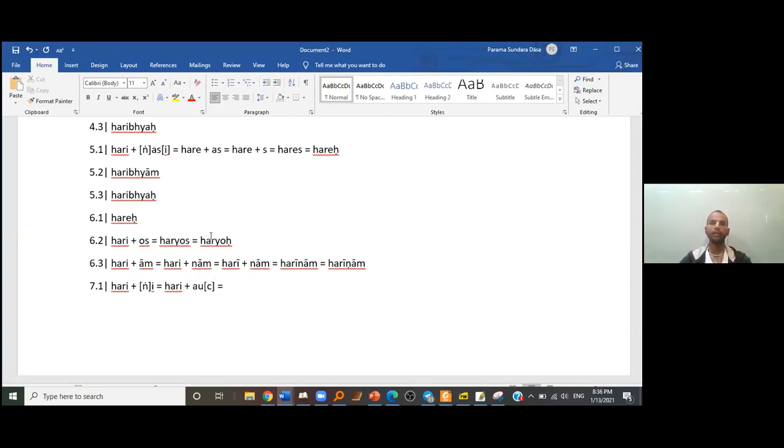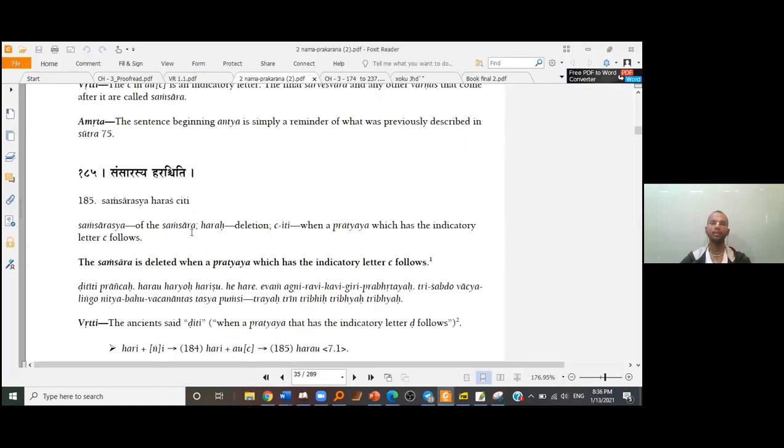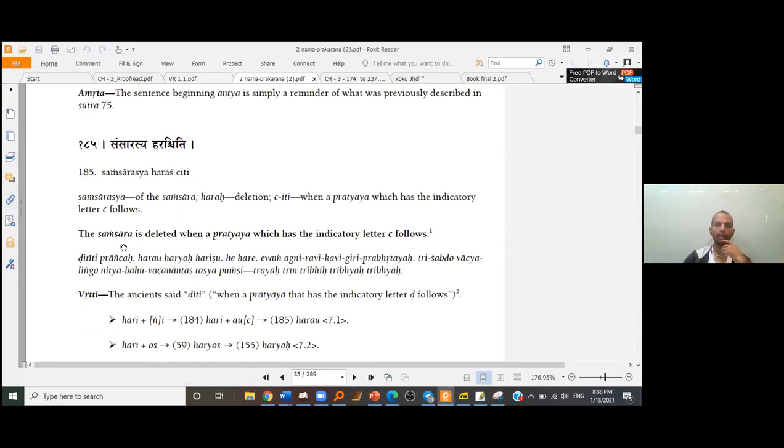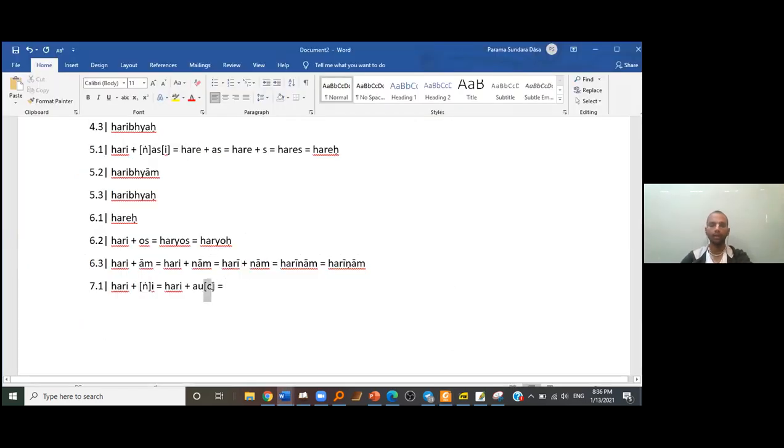Then Sansara se Harashchiti: Sansara is deleted when a Pratyaya which has the indicatory letter Cha follows. So this Sansara of the Prakriti is deleted. This is to be understood. We have the indicatory letter Cha here. So what is the Sansara of Hari? E. So E will be deleted.